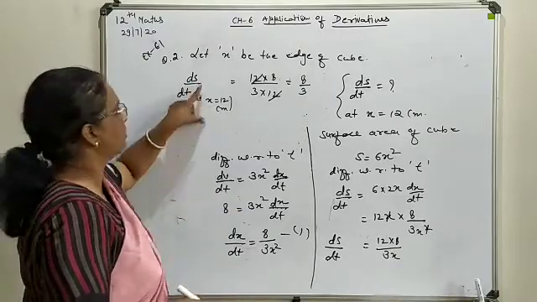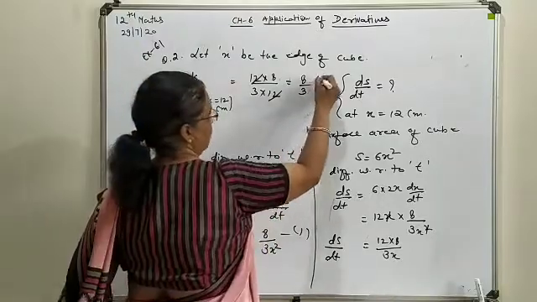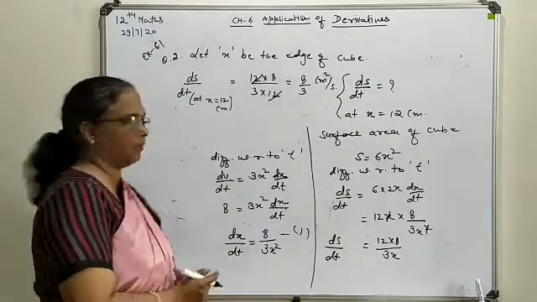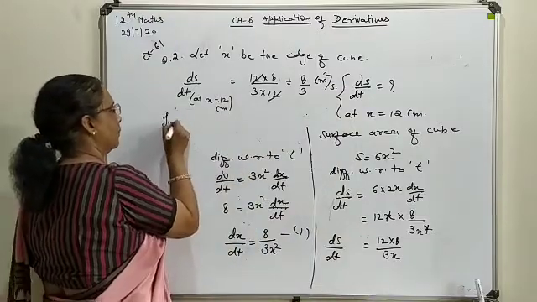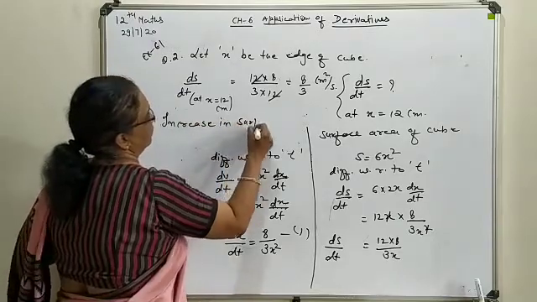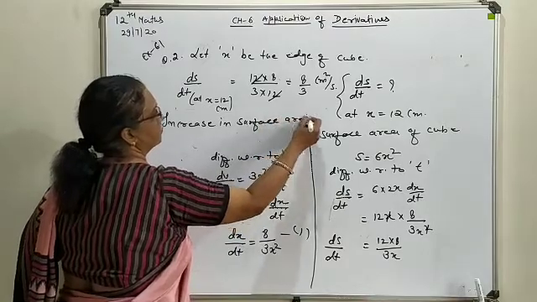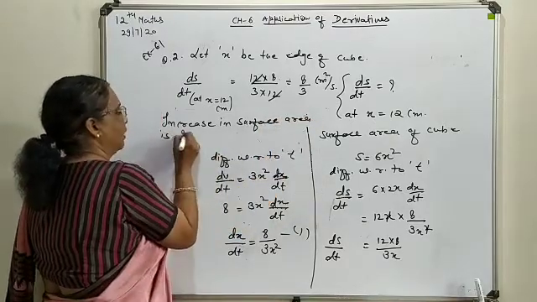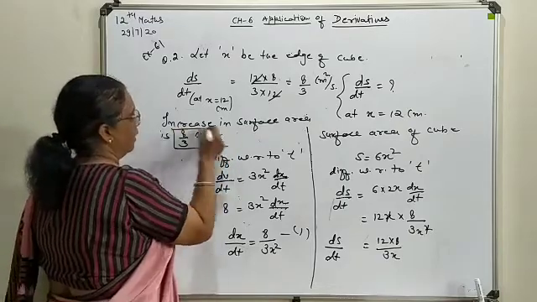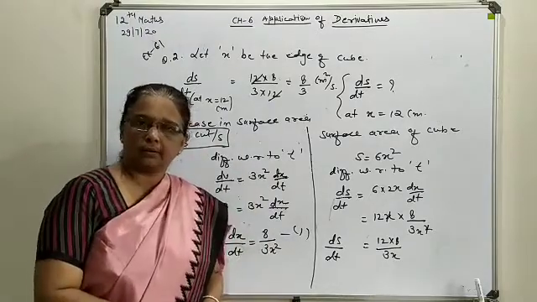Now the unit: S means surface area, so it will be centimeter square per second. So the increase in the surface area is 8 by 3 centimeter square per second. This way one quantity can be linked with another one.